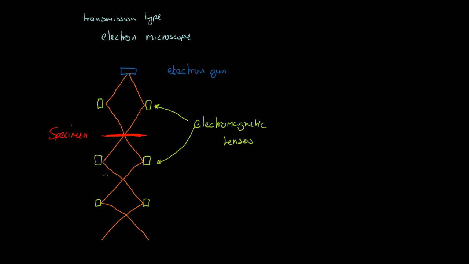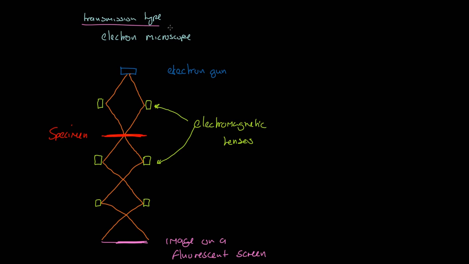Those electrons pass through the specimen, and then way down here, they produce an image on what we call a fluorescent screen, and that is effectively how those electron microscopes function.